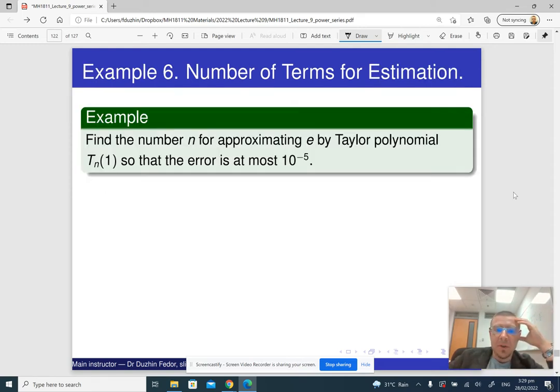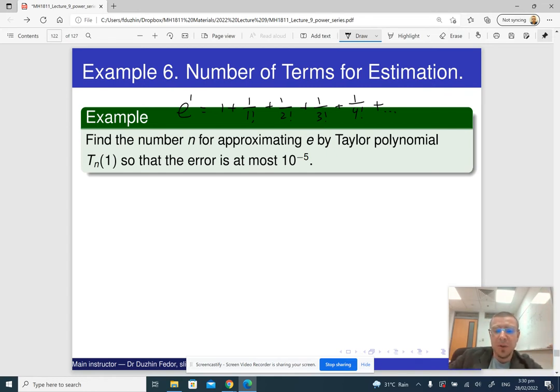And here is an example, right? If we want to approximate e, just e to the 1, which is 1 plus 1 over 1 factorial plus 1 over 2 factorial plus 1 over 3 factorial plus 1 over 4 factorial plus and so on.